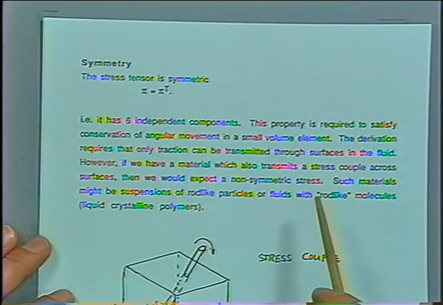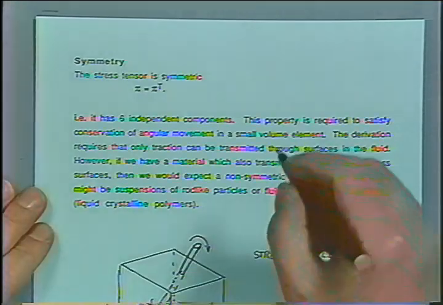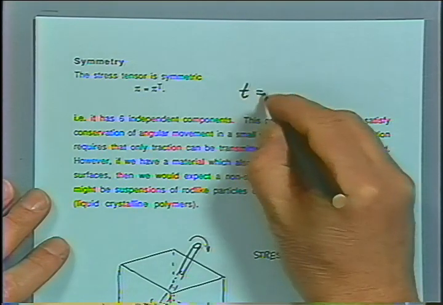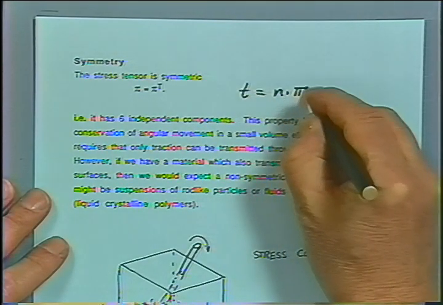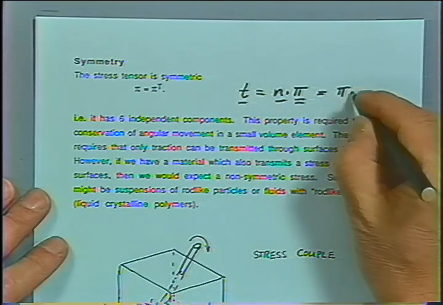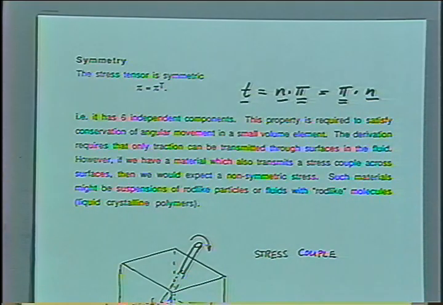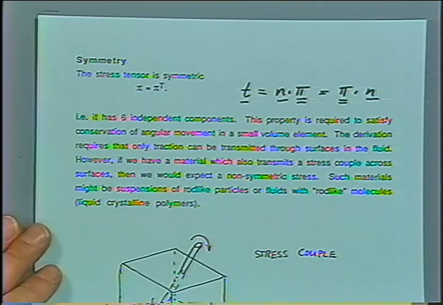That also means that you could write the traction here as n dot Pi, or as Pi dot n. It doesn't matter because of the symmetry of the stress tensor, which is kind of nice. We can be a little bit sloppy in writing those components.